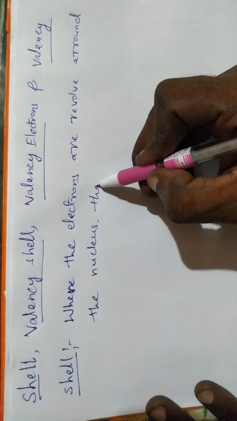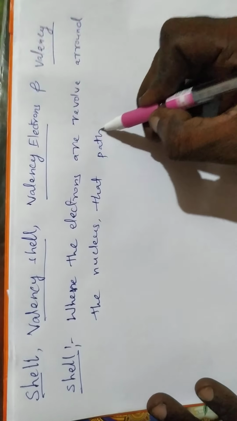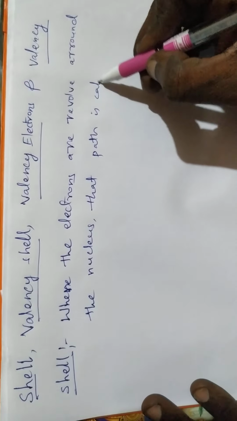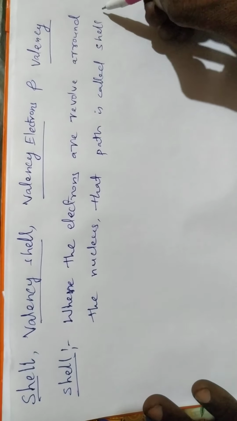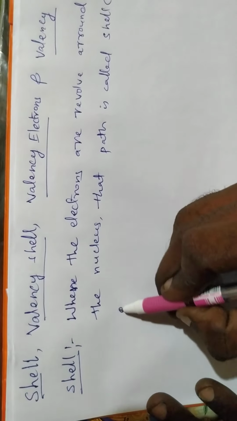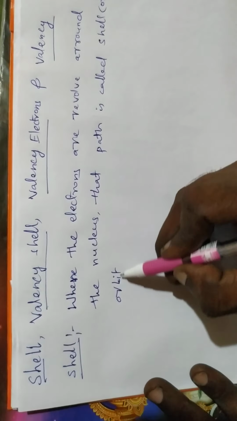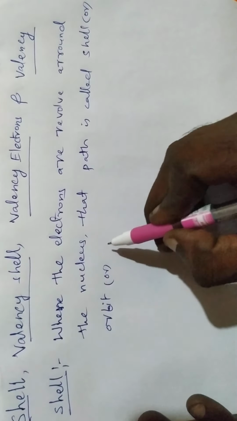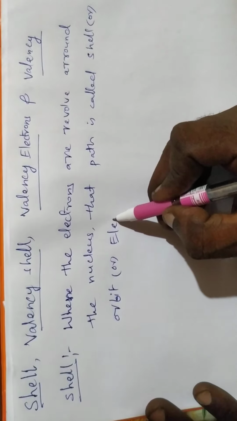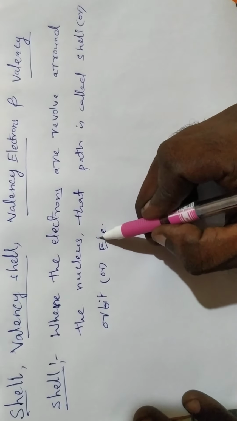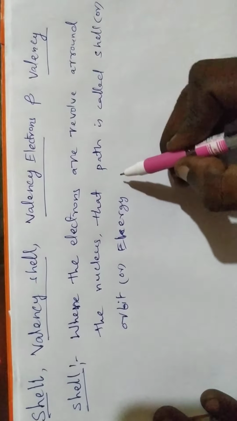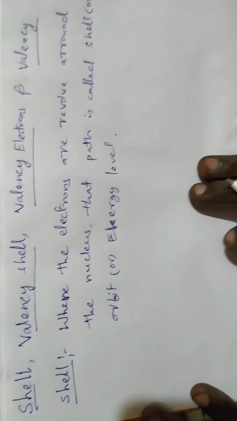That path is called a shell, or orbit, or energy level.